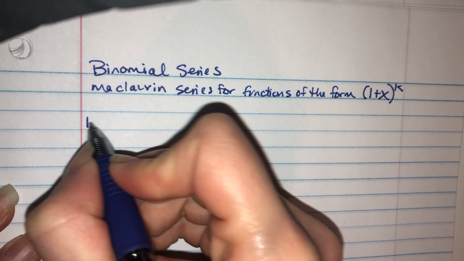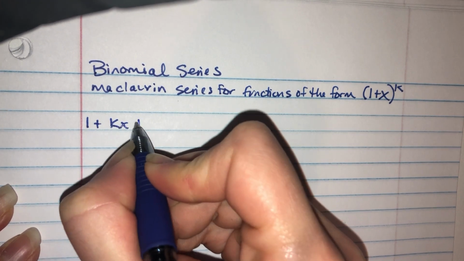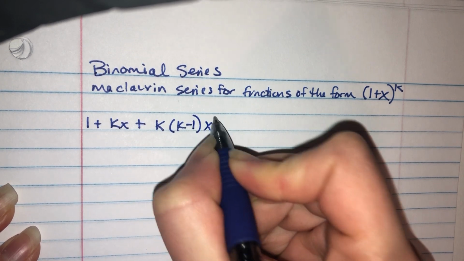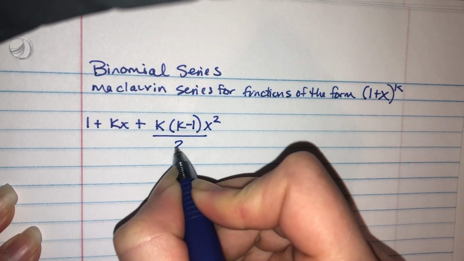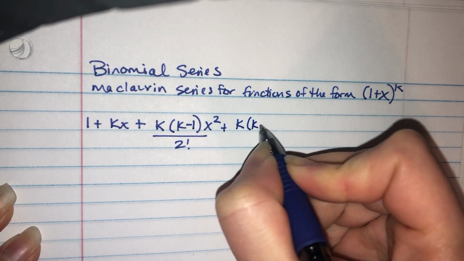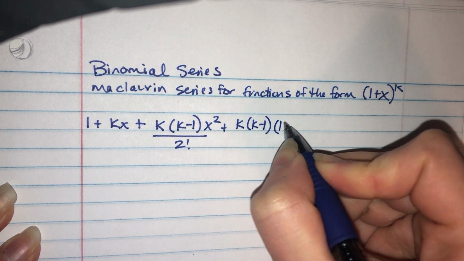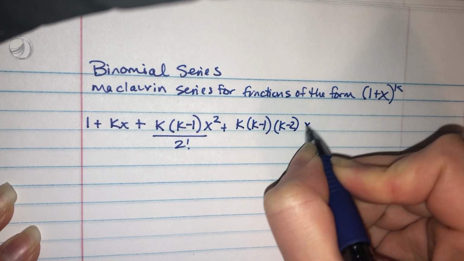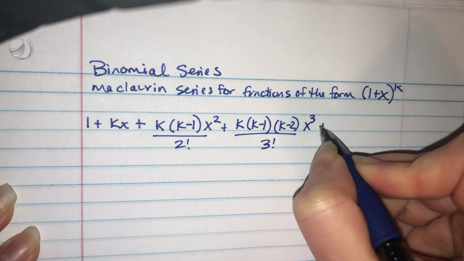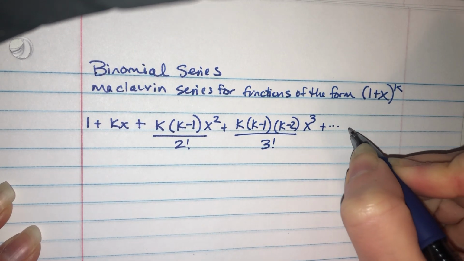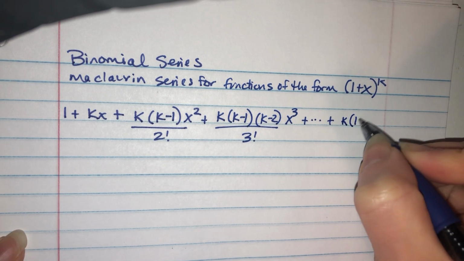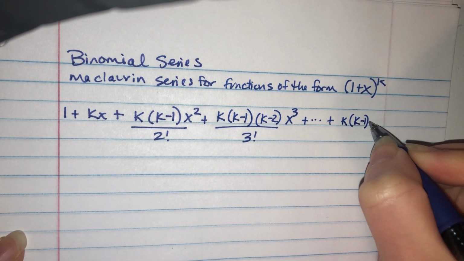We've got 1 plus kx plus k times k minus 1 times x squared over 2 factorial plus k times k minus 1 times k minus 2 times x cubed over 3 factorial plus dot dot dot plus, we're going to go k times k minus 1 dot dot dot.